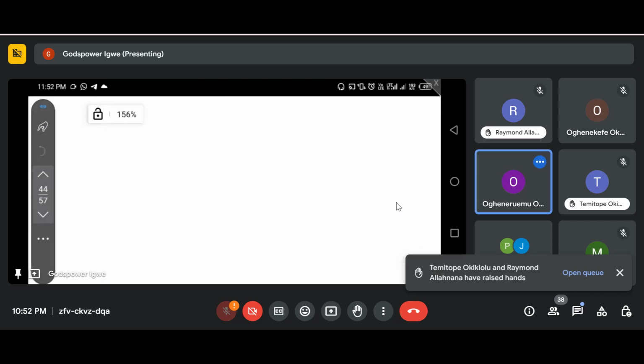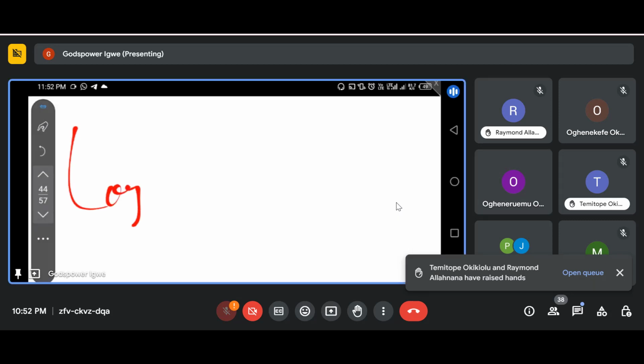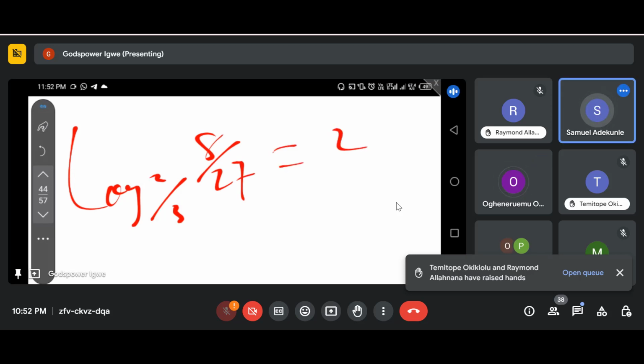We have log base 2/3 of 8 over 27. You can even separate the question into two: log 2 of 8, which we solve first, then log 3 of 27. Actually, I think that one is kind of complicated.